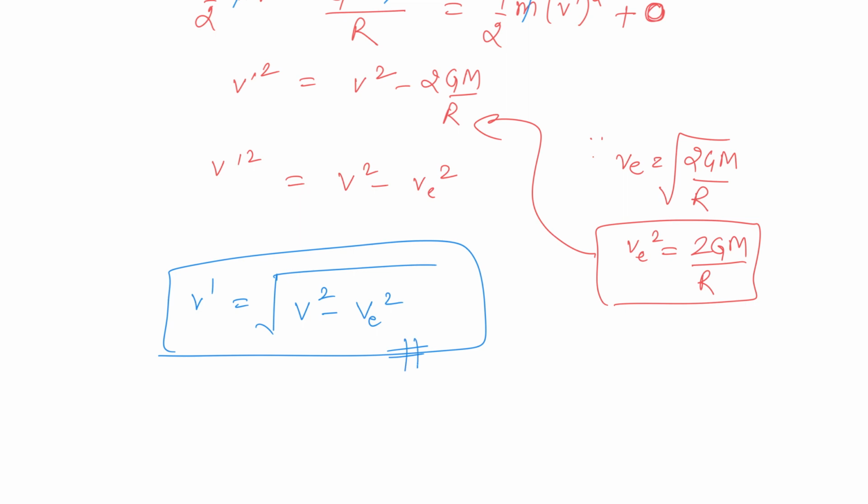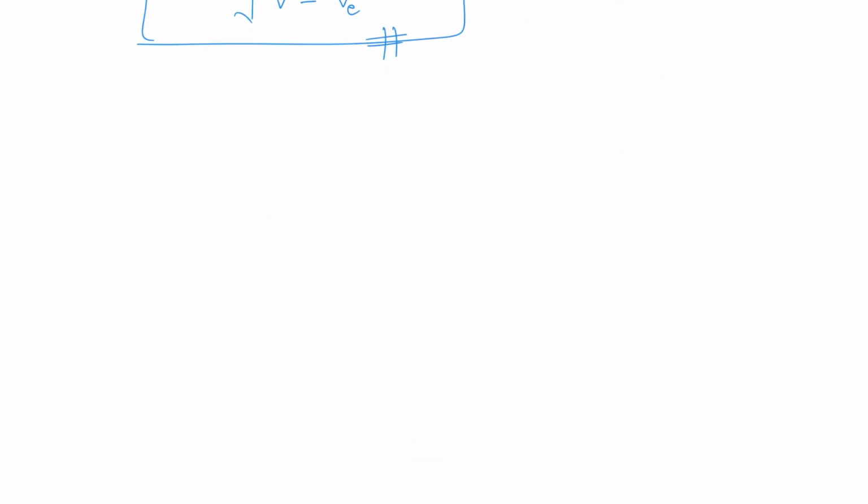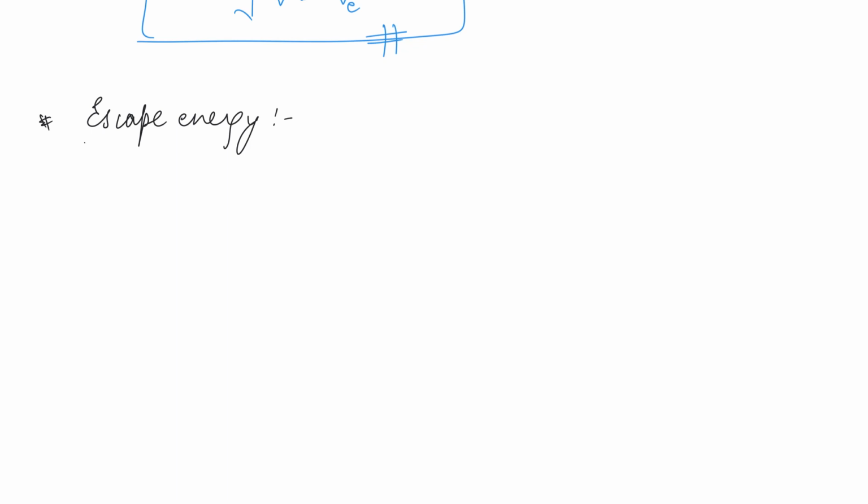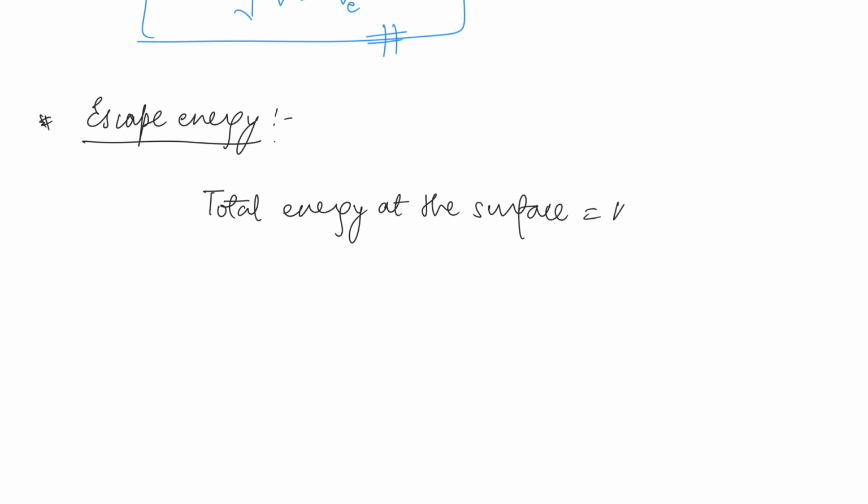Now let's talk about the escape energy. What will be the escape energy? Escape energy will be the total energy at the surface, the sum of kinetic energy plus potential energy.